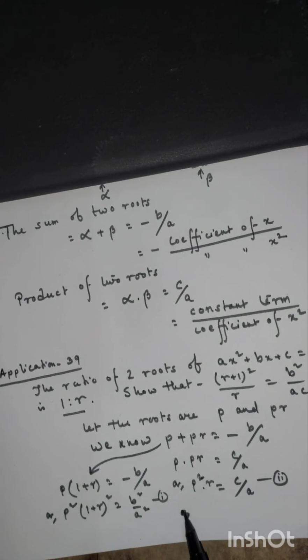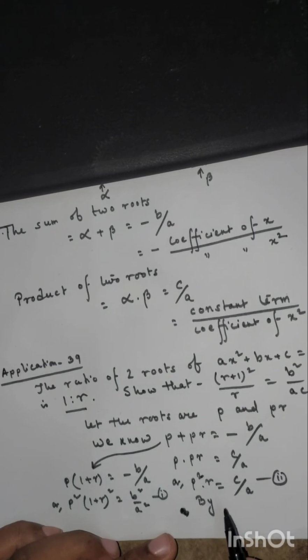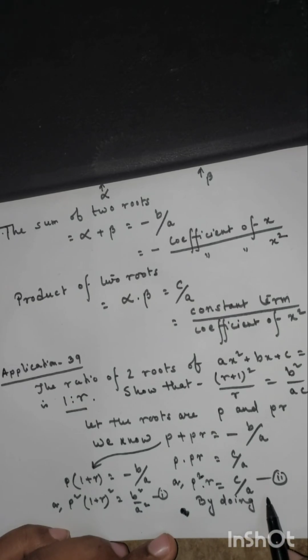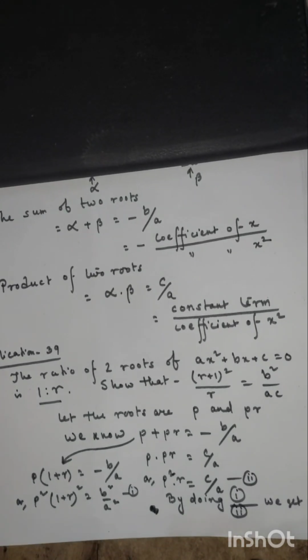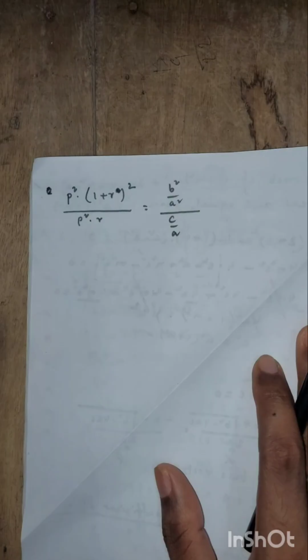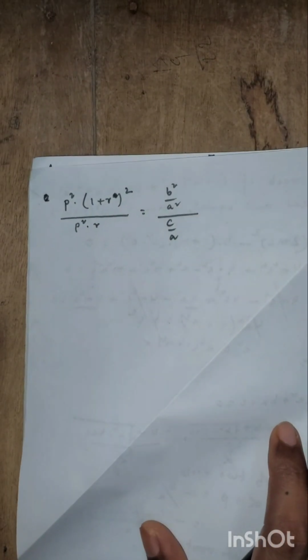Now by doing equation 1 divided by equation 2, we are dividing equation 1 by equation 2, and we get this.